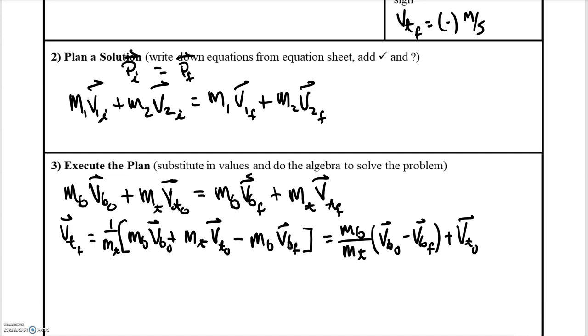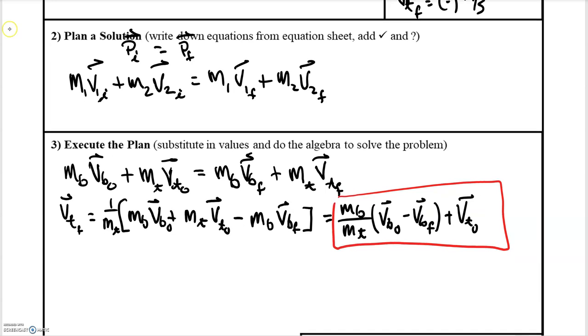I'm going to box this because we're actually going to use this same exact expression in the next problem. Now we can substitute all of our known quantities in. We don't need to convert the masses into kilograms because they're both in grams. Since they're both in grams, those units will cancel out and we're going to be left with meters per second, which is what we're expecting for a velocity.